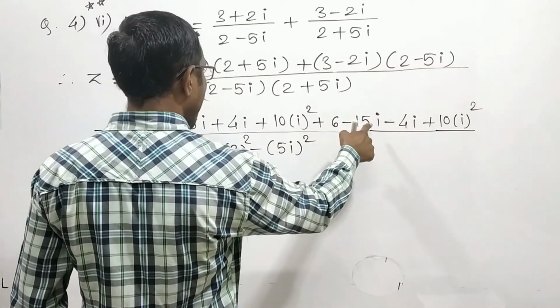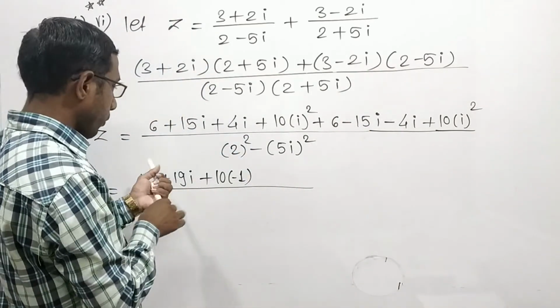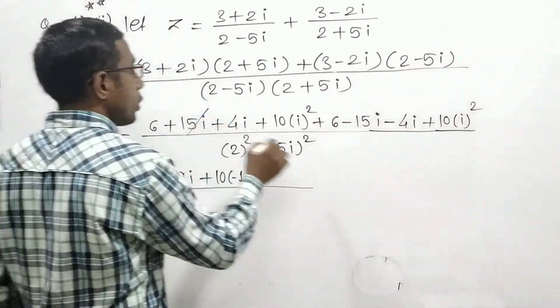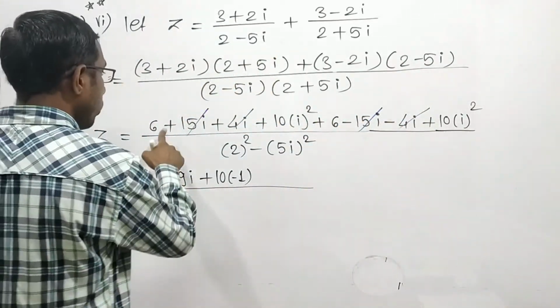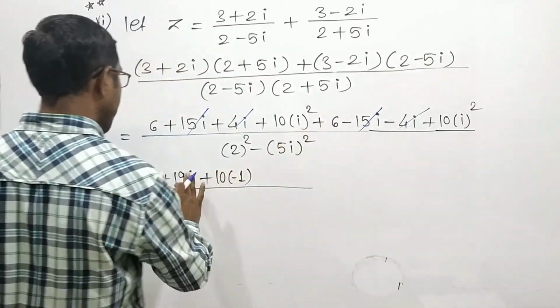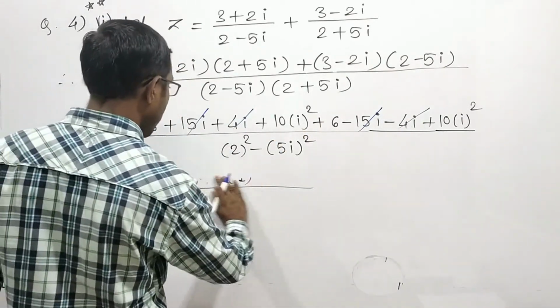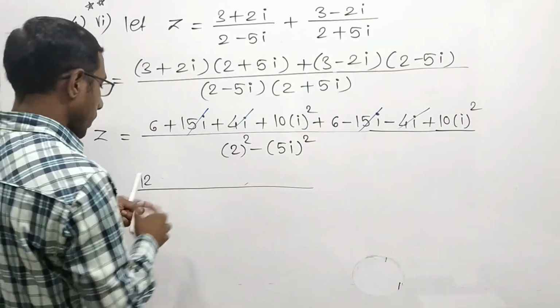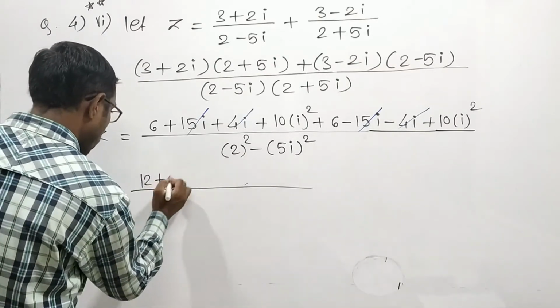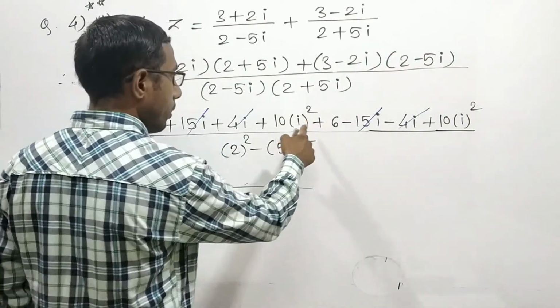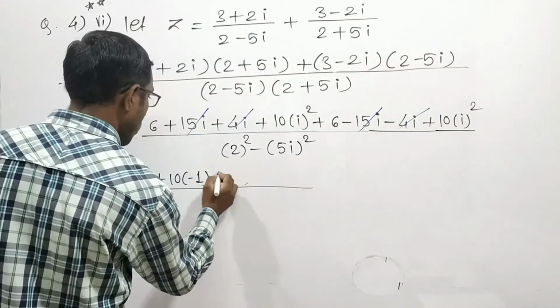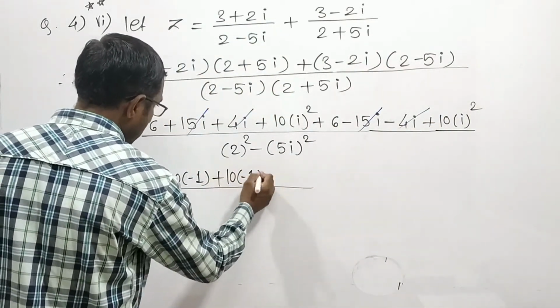Then minus 15i and plus 15i get cancelled, minus 4i and plus 4i get cancelled. Now it's only 6 plus 6 as 12. Then plus 10 with the value of i square as minus 1. Next, plus 10, value of i square as minus 1.